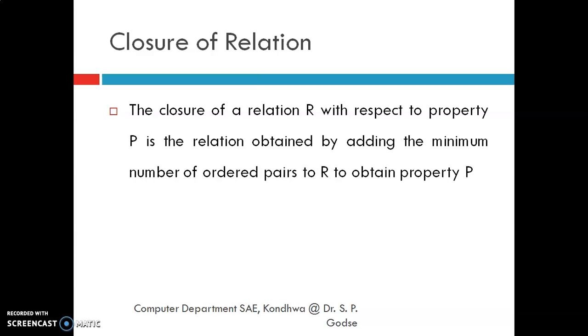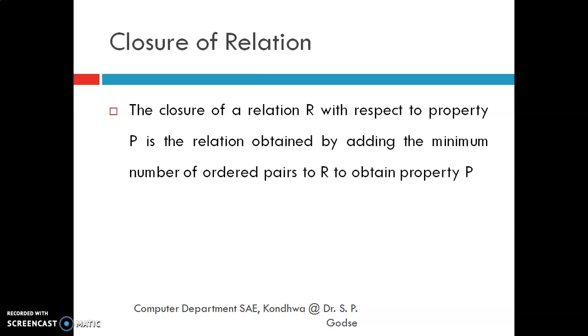The closure of relation R with respect to property P is the relation obtained by adding the minimum number of ordered pairs to R to obtain property P. We saw that in a reflexive relation, for all a which belongs to set A, the pair (a, a) should exist in the relation R. If any one of the pairs is missing, it is not a reflexive relation.